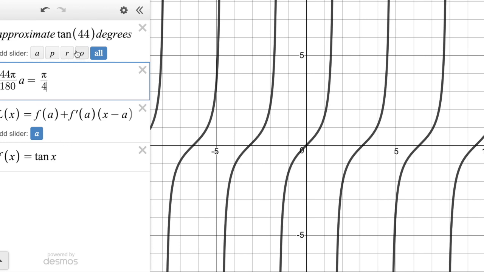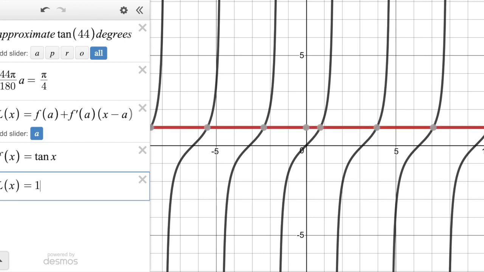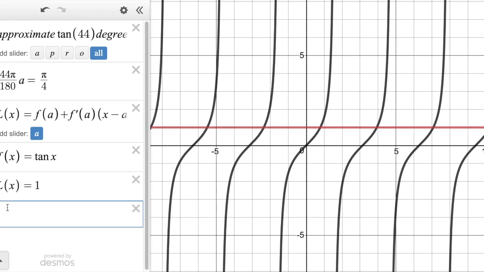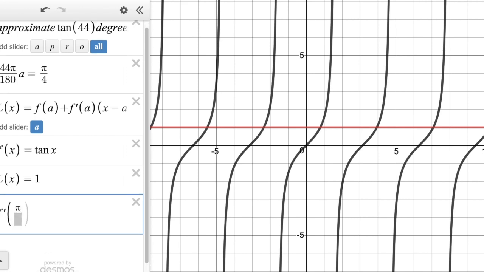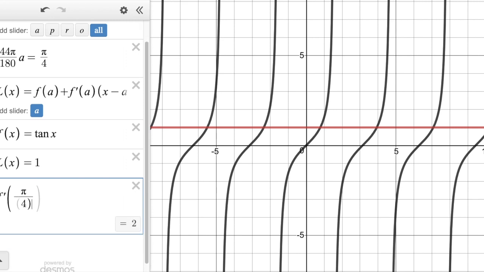Now, the tangent of pi over 4, that's f of a, and L of x is equal to, that will be 1. And then the derivative of tangent is secant squared, but we'll just let Desmos this time give us f prime of pi over 4, which is 2.